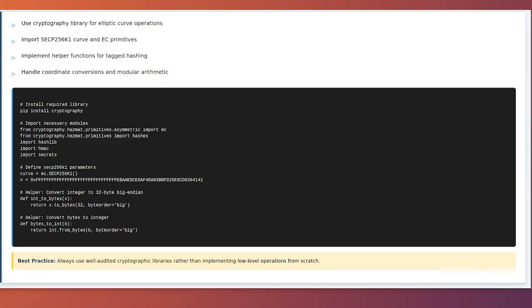For modular multiplicative inverses, which are needed in some operations, we can use pow(a, -1, n) in Python 3.8 and later. This computes the inverse of a modulo n using the extended Euclidean algorithm. We will also need to convert between different representations: bytes, integers, and hex strings. Python provides convenient methods like int.from_bytes, int.to_bytes, and the hex method for these conversions.